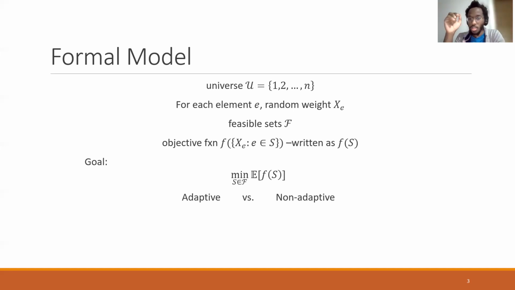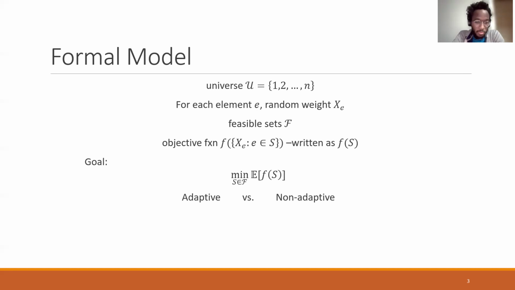But we write that as f of S as an understood convention that when you write f of S, really behind the scenes, the weights are having an impact on the objective function. And with all of that set up, our goal is to minimize the expected final objective value of our selection set.